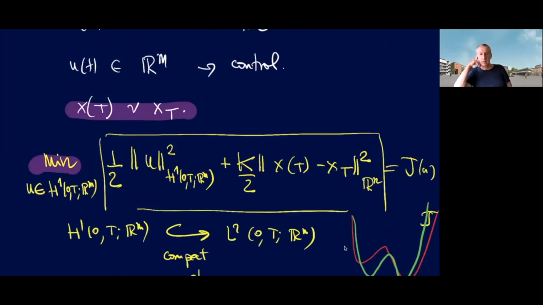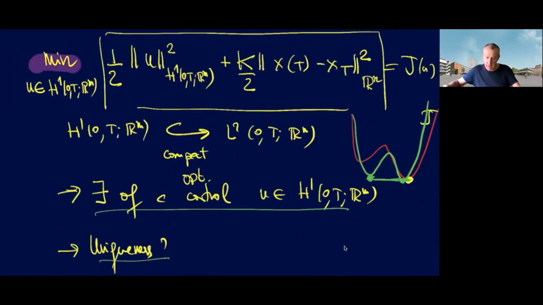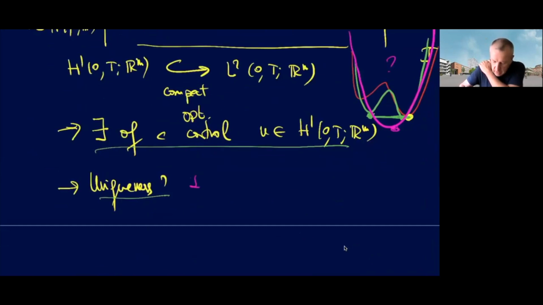It's just the sum of two squares. Can't I guarantee then that the functional is really convex, and therefore the pathologies of these drawings here are removed, because the functional is something like a parabola with a unique minimizer, right? So the question is then, is J of U convex?